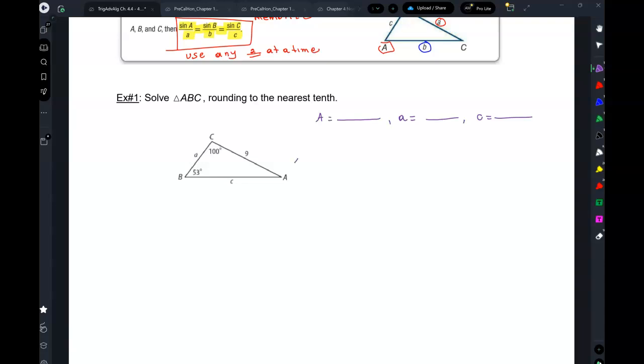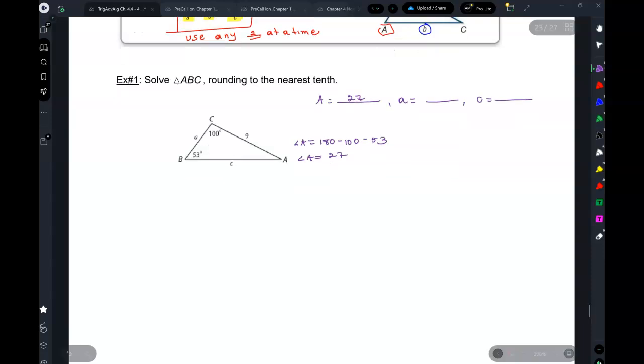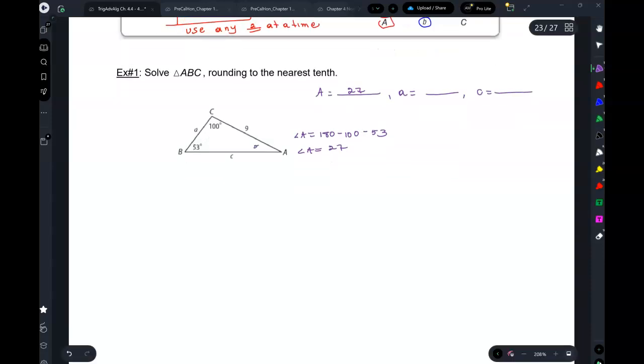Angle A is 180 minus 100 minus 53. How much is it? 27. Okay, so that's 27.